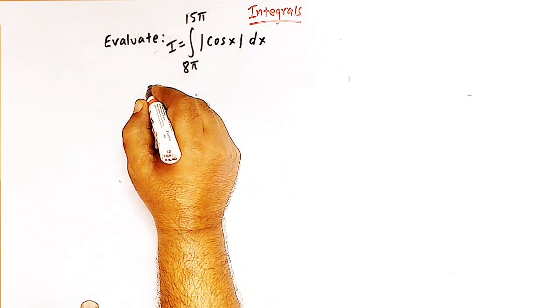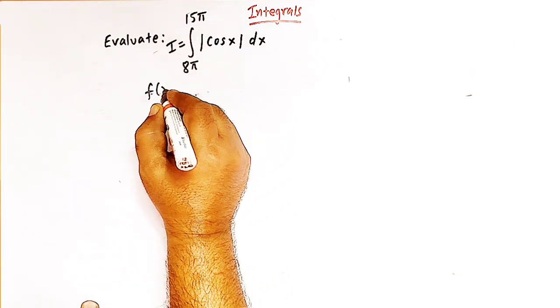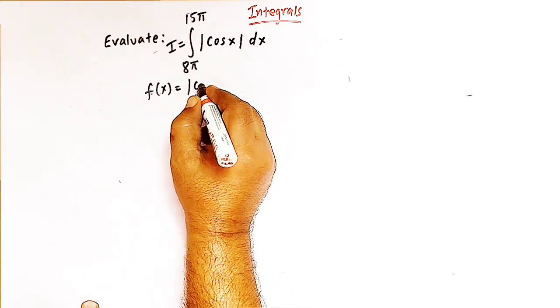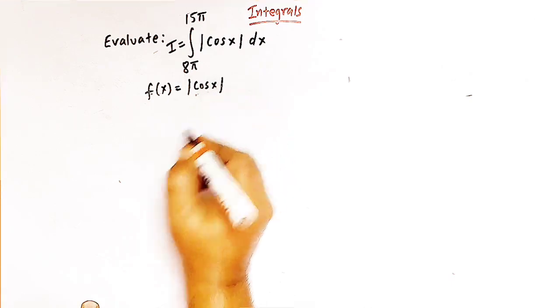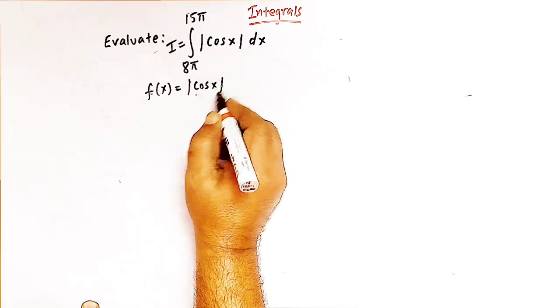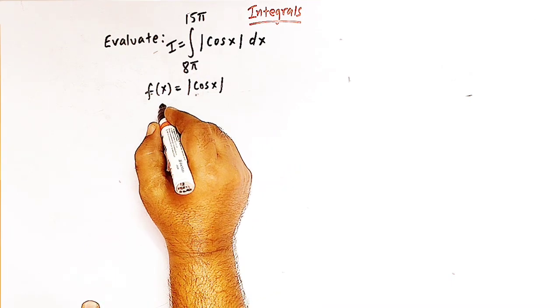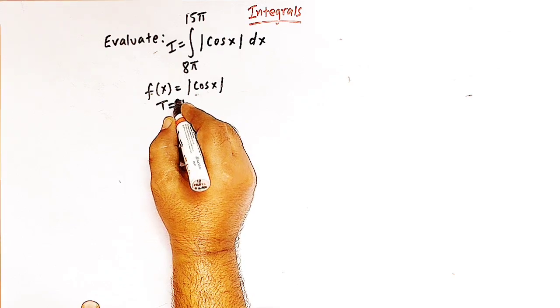So let us first denote the integrand by f of x. So f of x is mod of cos x, right? And we know that the period of mod of cos x is equal to pi.